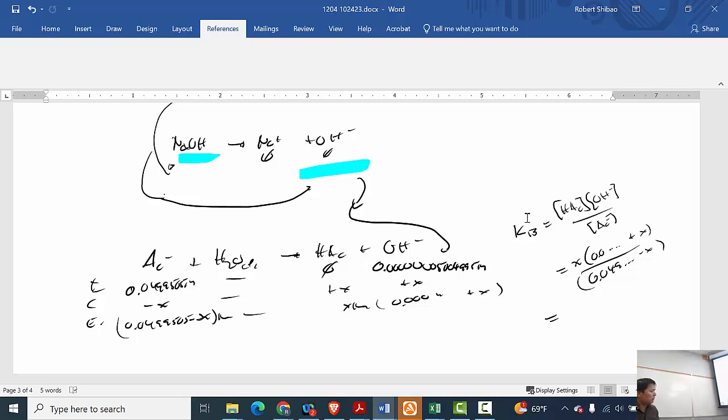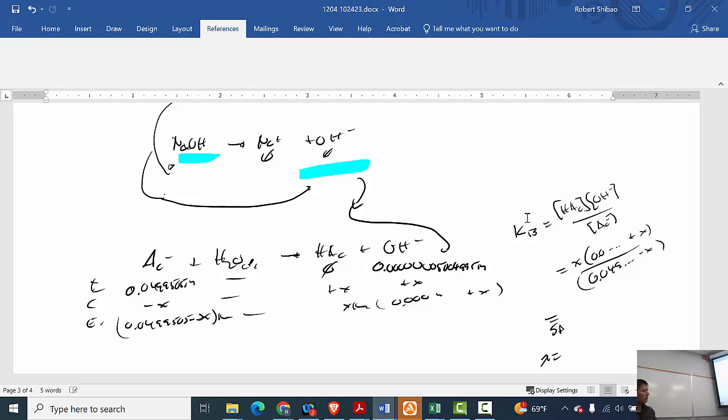Now, there are different things I can try. Which one would you think would work better with the simplifying assumption? This or this? First one. And so we could just do the simplifying assumption in the denominator and leave the numerator. That would save some of the math. Or we could try it for both. I'm going to try it for both.